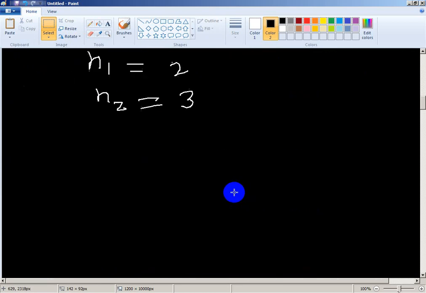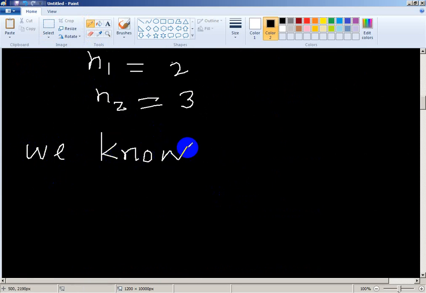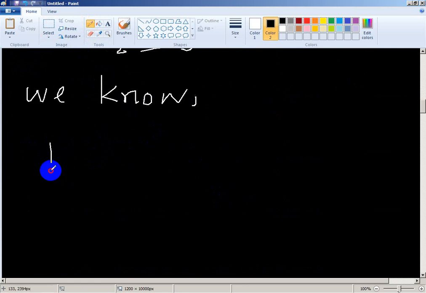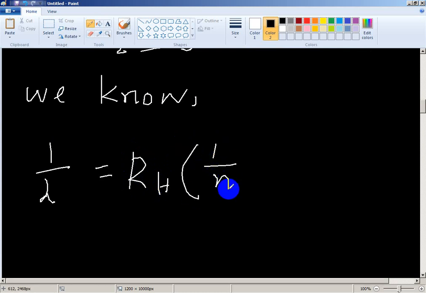So we know 1 by lambda equal to the Rydberg constant times 1 by N1 square minus 1 by N2 square.